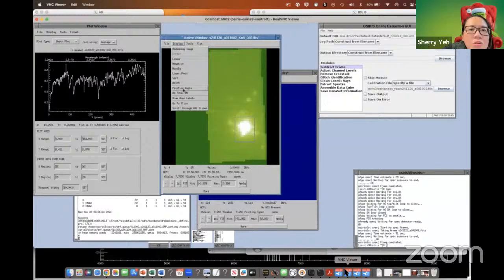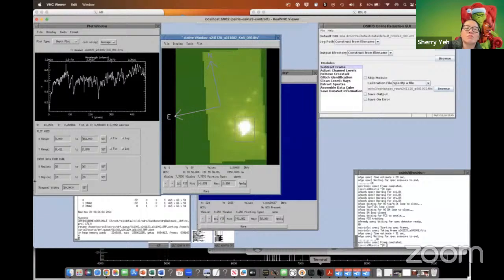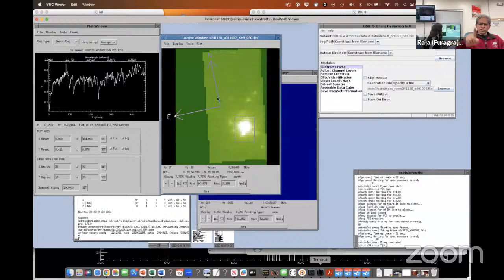Hang on. Did we want it closer to the edge? The position is a little tricky to me. So let's see. Let me check.